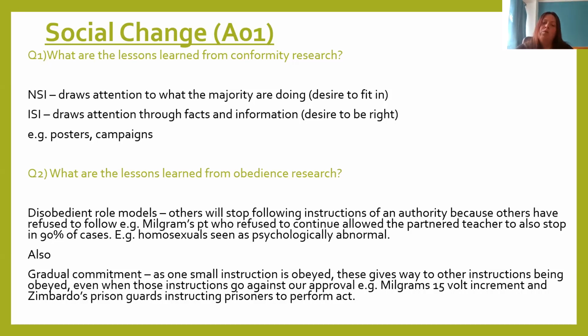But disobedient role models can encourage others to change their beliefs if they also believe that it's wrong. So others will stop following instructions of an authority figure because others have also refused to follow. Think back to Milgram's participants who refused to continue and give electric shocks when the other teacher also said that.